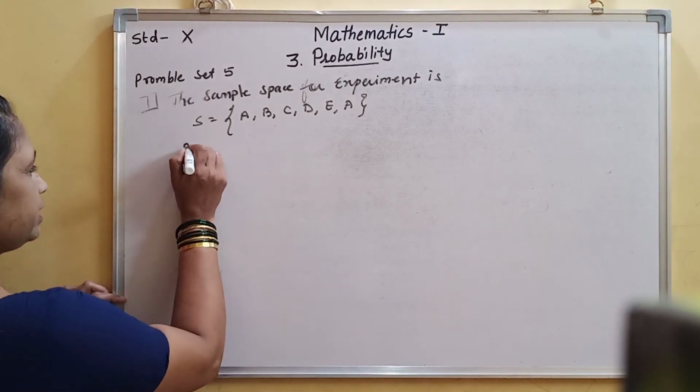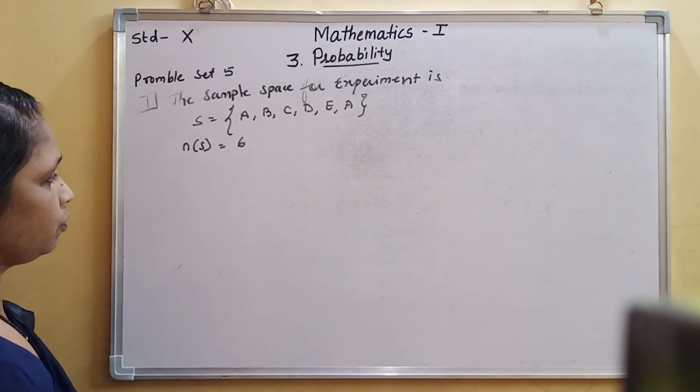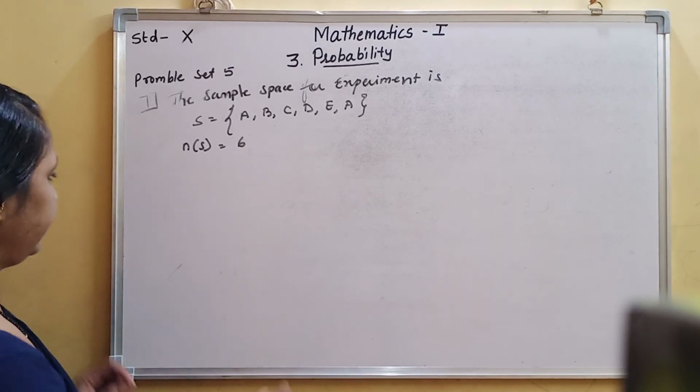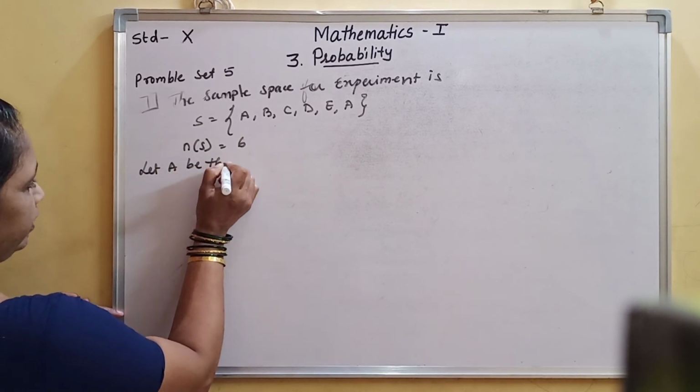So number of faces will be how much? Number of faces is 6. Now in this what they have said, event. Let A be the event.